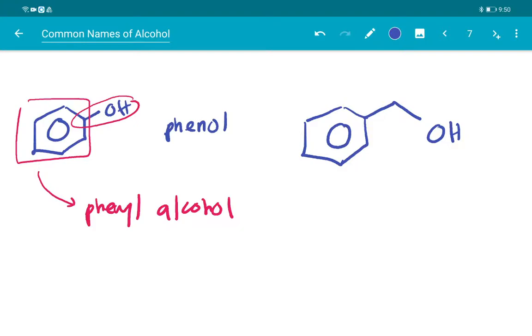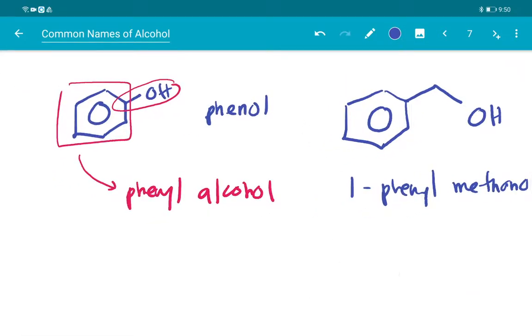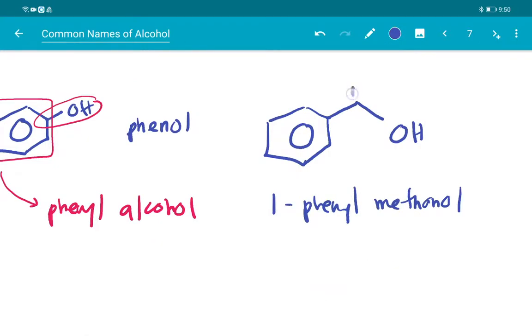For the IUPAC name, the name will become 1-phenylmethanol, because the OH is attached to the one carbon, and the one carbon is attached to the benzene, which acts as the substituent. Please figure out the best common name for this compound.